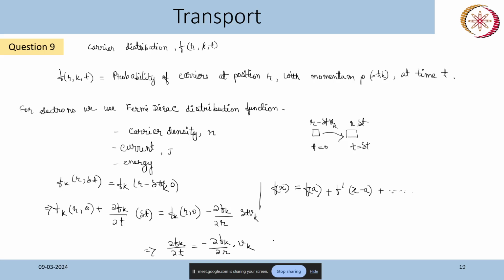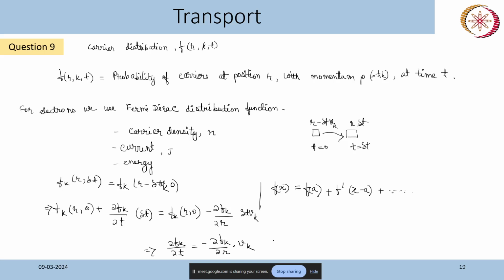What it means, if I can make a picture here, is suppose this is the carrier distribution initially at time t equal to 0. Because of this distribution difference, with time it will change like this.